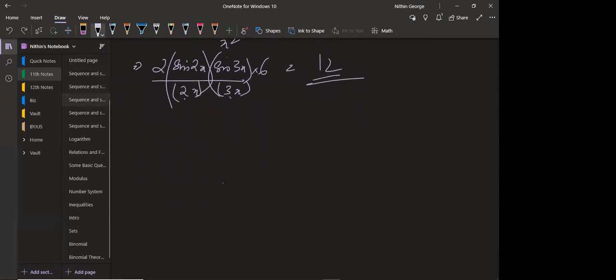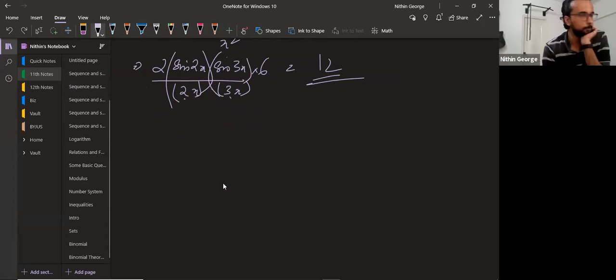Okay, we'll move on to the next type of limits. Exponential and logarithmic.